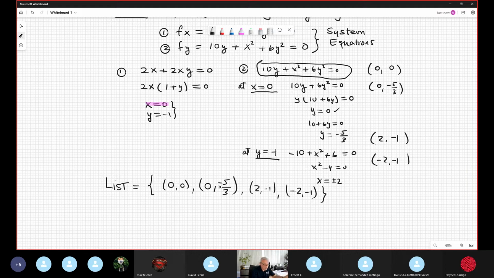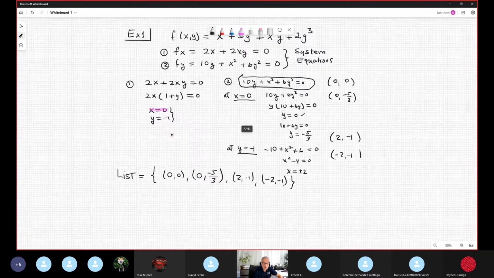Now this is the moment in which you apply the second derivative test in multivariable. In the second derivative test, you compute the collection of the second derivatives. We have 4 second derivatives.